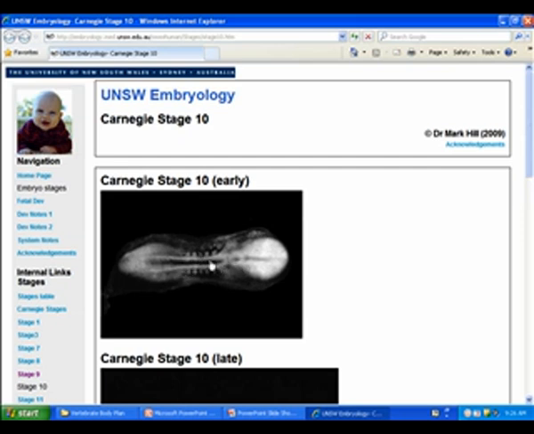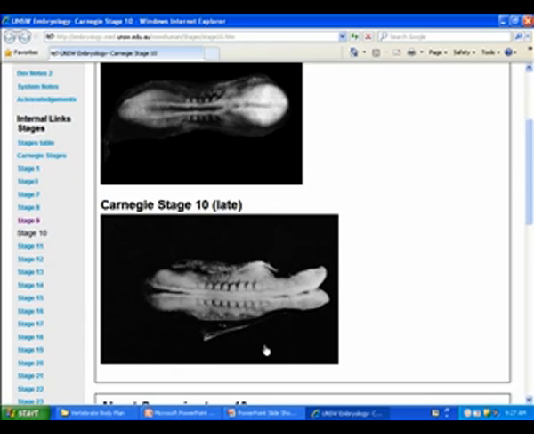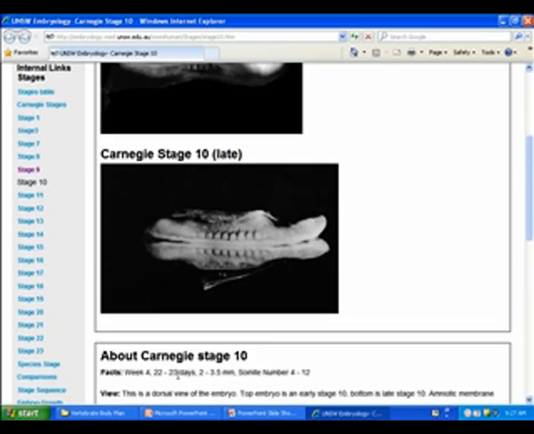We can see some somites, and here you can see a little bit later the fusion of the neural folds into the neural tube, and this is occurring during the 4th week of development, from about day 22 to day 23.